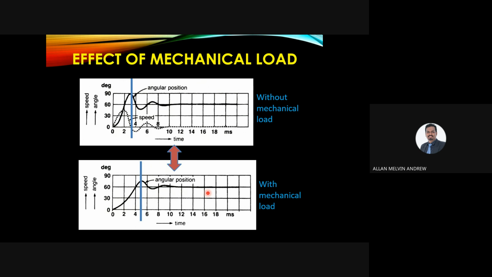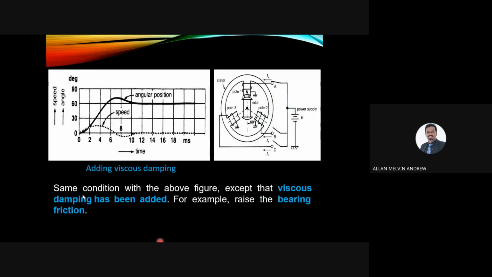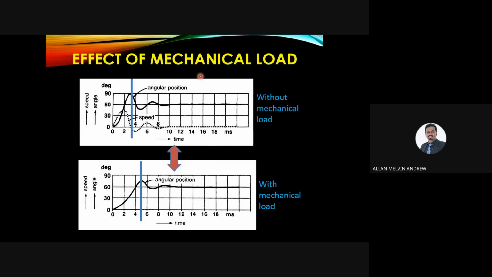Okay, so that's why with a mechanical load, we don't need to do viscous damping, but we can consider adding a mechanical load to naturally reduce the fluctuation and also inertia. Okay, so these are the things that we can consider in our design.